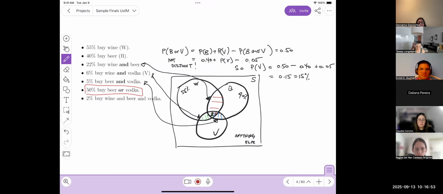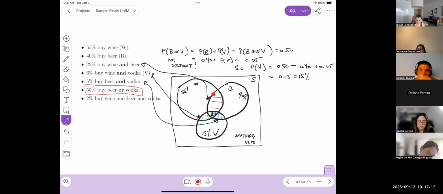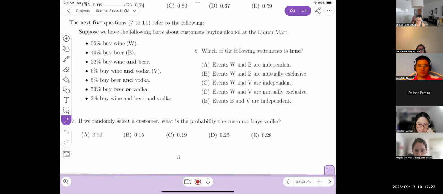We have V of 15, so this whole thing is 15. I know 15 and I know all the parts. So I've got a good set of information. Let me grab the next question.